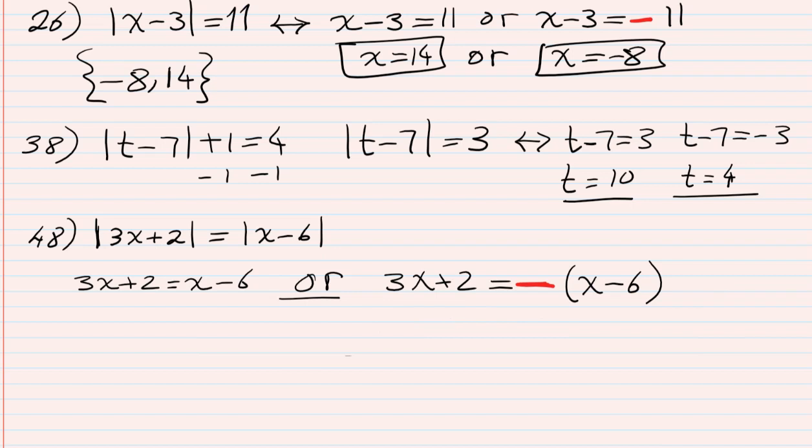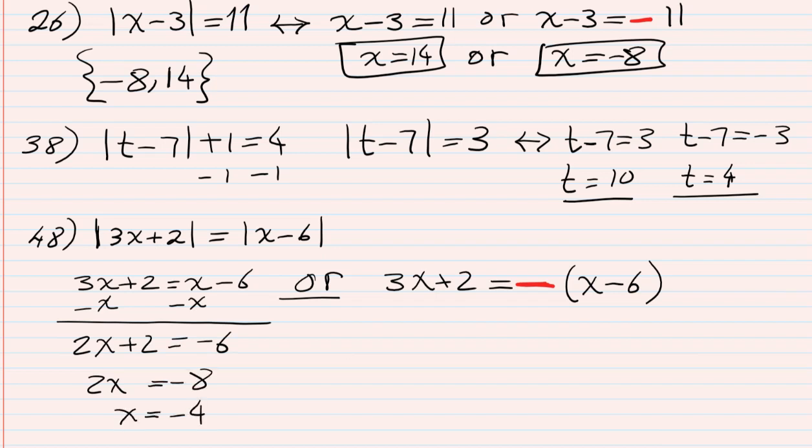Okay, now let's work the first one, the one on the left. So here I'm going to subtract x from both sides. When I subtract x from both sides, I get 2x plus 2 is equal negative 6. Then let's subtract 2 from both sides, divide by 2, and we have our first solution. Or, to do the other one, let's first begin by distributing the sign.